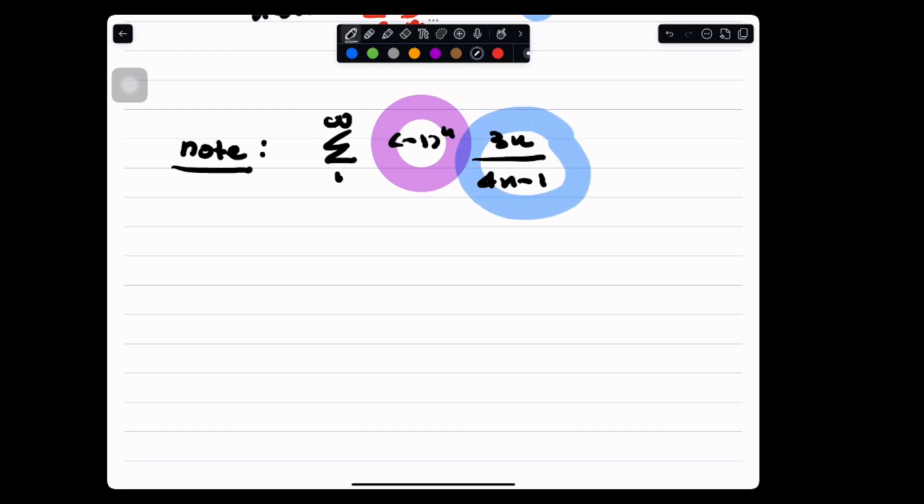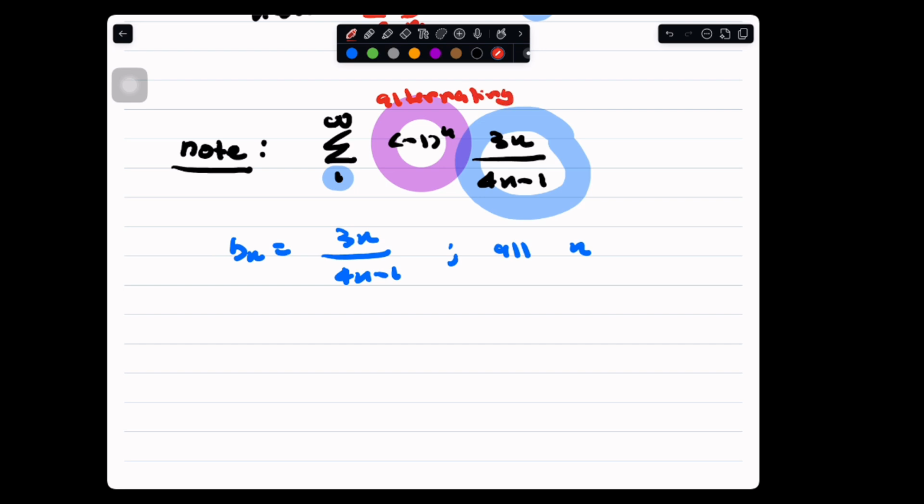Here's b_n. So b_n is 3n over (4n minus 1), for all n. Remember, n starts at 1 because this is my index over here. So this is an alternating series. Would you guys agree with that?